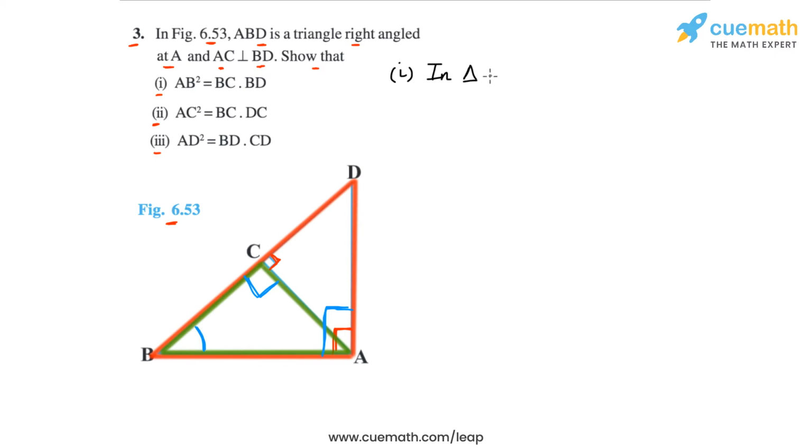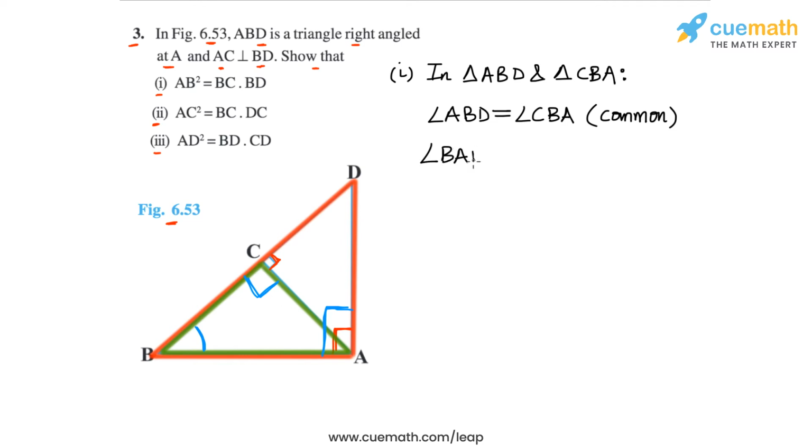In triangle ABD, the big triangle, and triangle CBA, we have angle ABD equal to angle CBA, simply because angle B is common to both the triangles. And then we have angle BAD, which is 90 degrees in the big triangle, equal to angle BCA, which is 90 degrees in the smaller triangle. So both of these angles are 90 degrees.